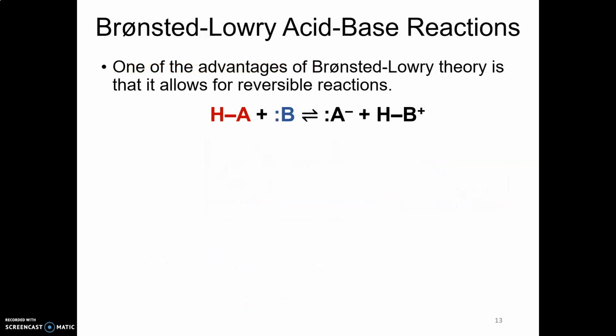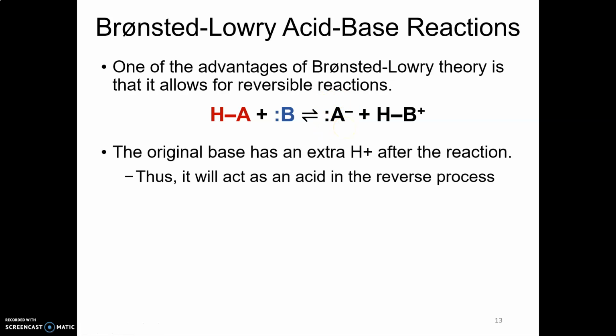All right. And the really cool advantage of the Bronsted-Lowry reaction, and maybe you noticed this and maybe you didn't, is that when this proton transfer happens, you end up generating an acid and a base on the product side as well.